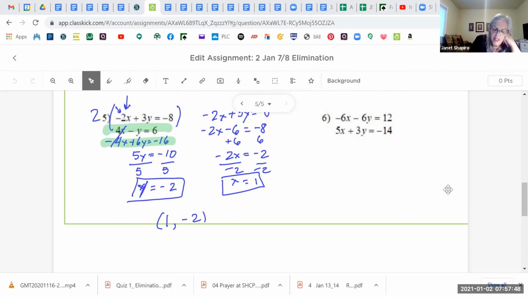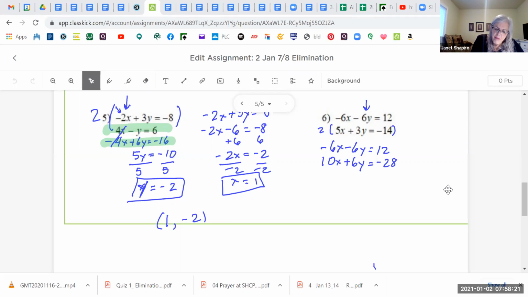All right. When I look at these, if I want to eliminate the y's here, I need a -6 and a +6, which means I would have to multiply this second equation by 2. So I'll rewrite the first one. And then I will multiply the second one and I get 10x, positive 6y, which is what I wanted, -28.